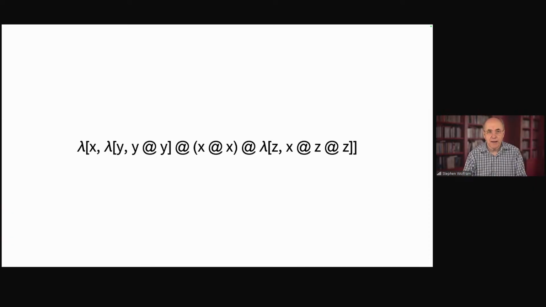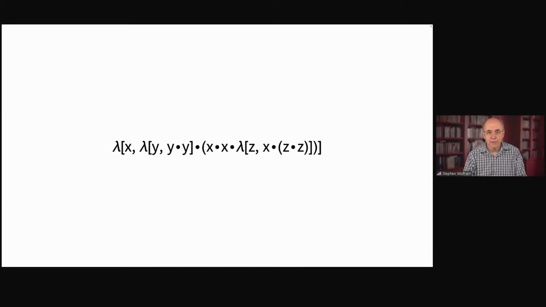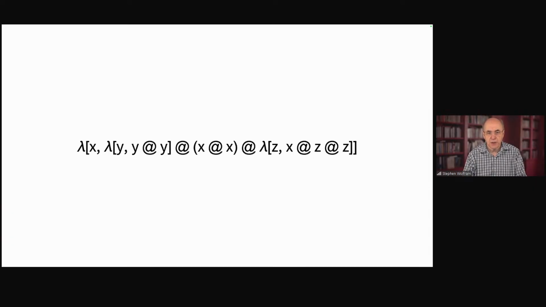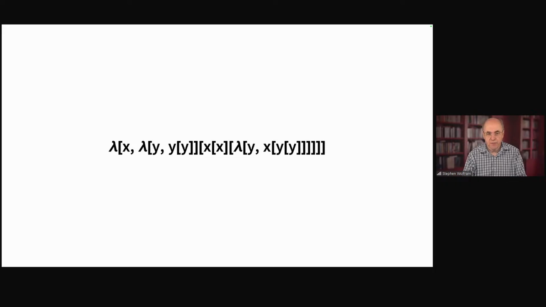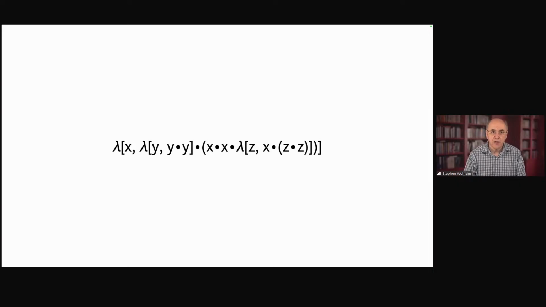So in terms of that application operator, our lambda here becomes this. So that's it with at signs. That's it with explicit function invocations, at signs, and dots. So the parentheses moved around, but they didn't go away.